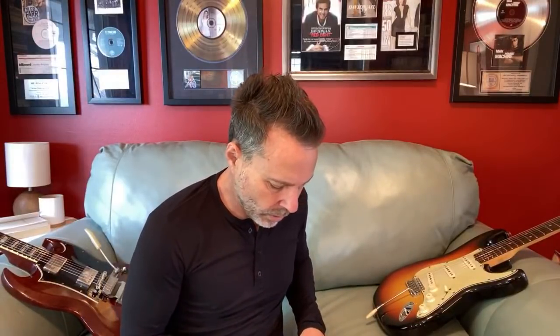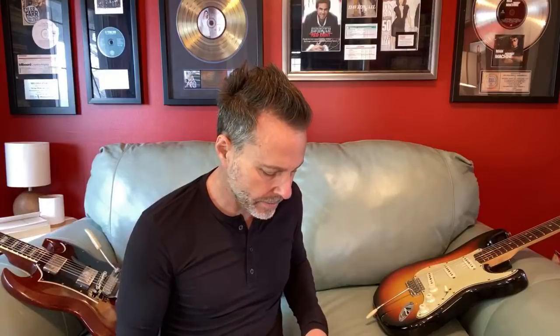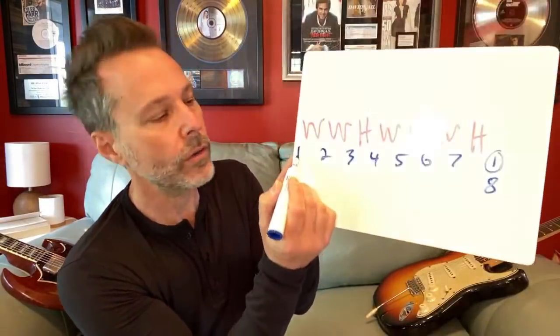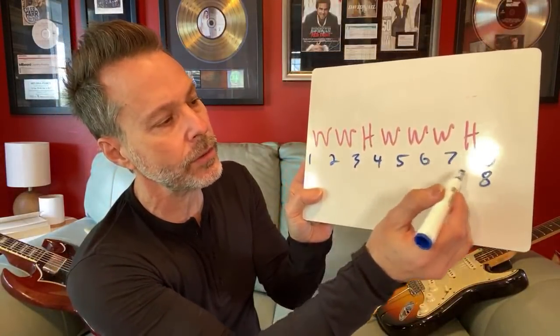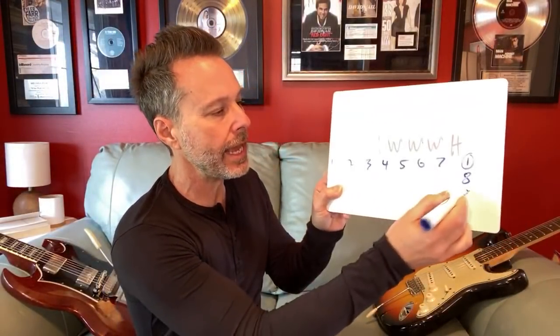So if we were to put our scale steps down here, basically we have 1, 2, 3, 4, 5, 6, 7, 1. If we played it from 1 to 8, we would get the major scale.